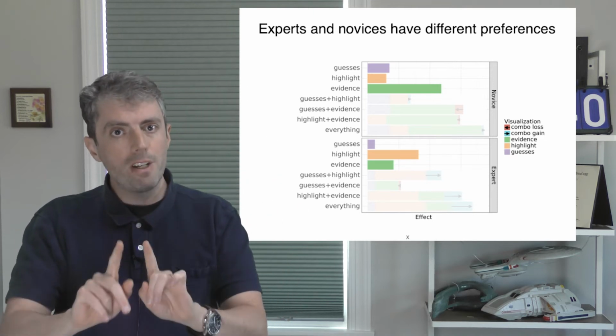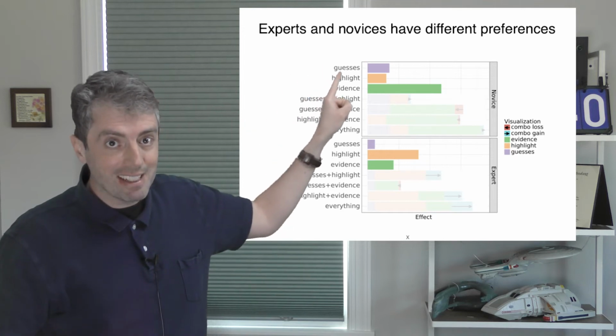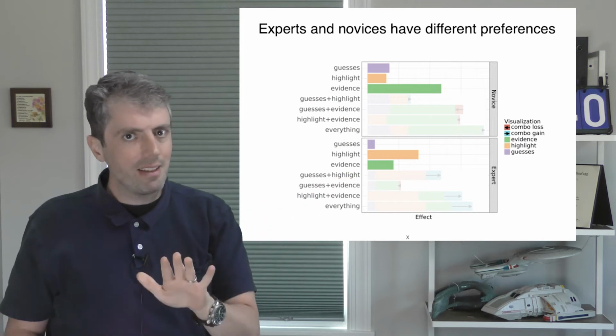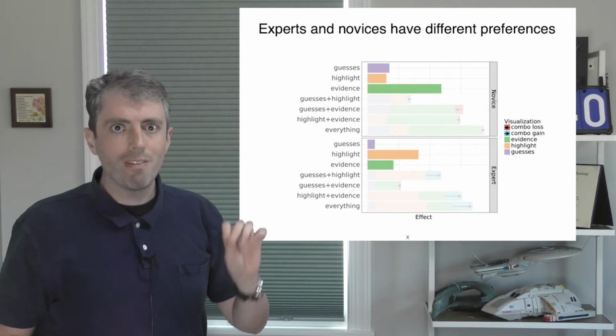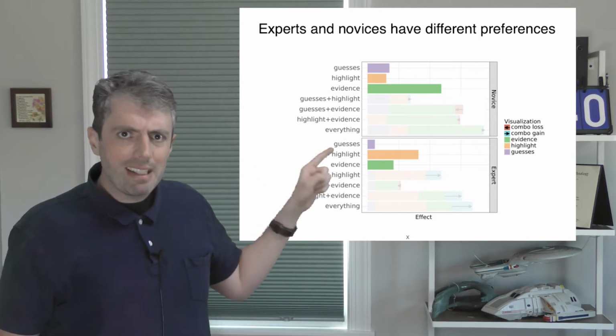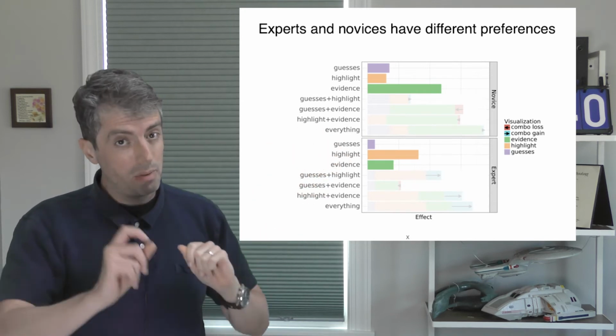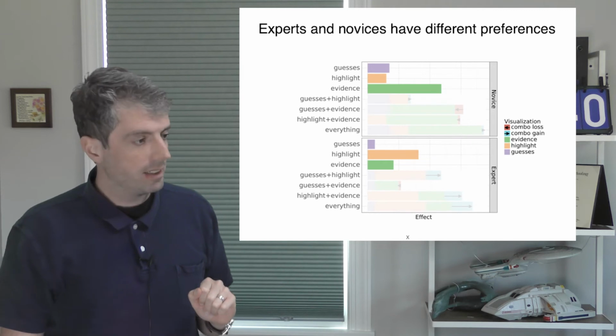If you look at the coefficients, the novices need the evidence. They need to look at Wikipedia to figure out what the answer is. On the other hand, the experts benefit a lot more from highlighting. This either helps them see what's important quickly, or to double check whether the computer's logic is on track.